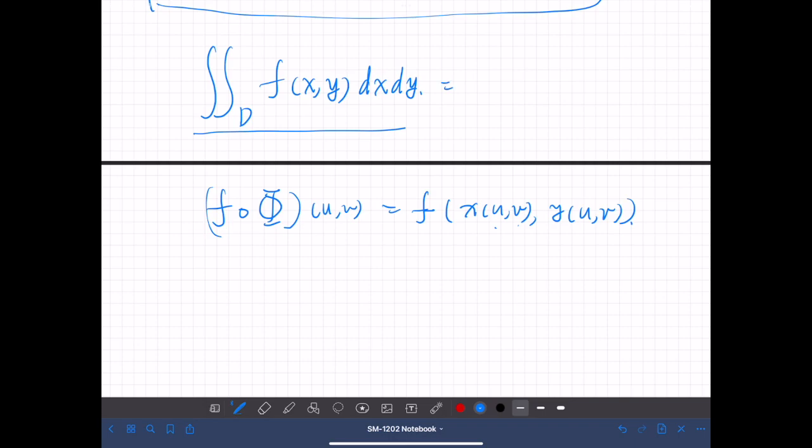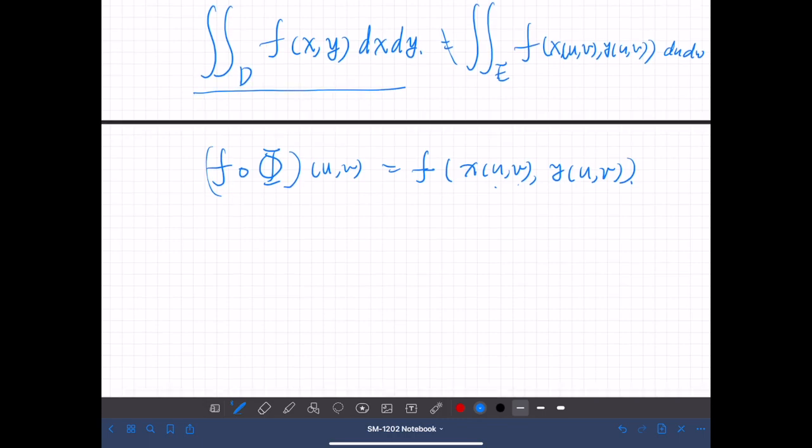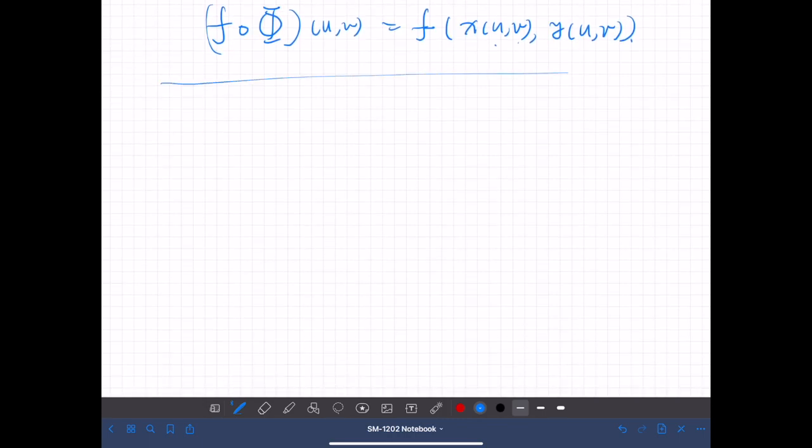So that is something like the integral over E of a function of u and v, but this is not true in general. We need something else. So here's the theorem of change of variables.